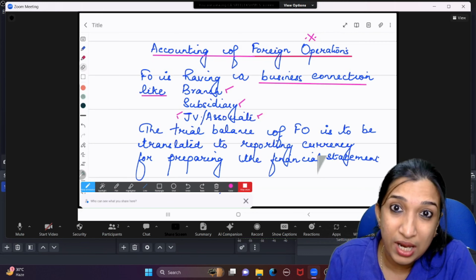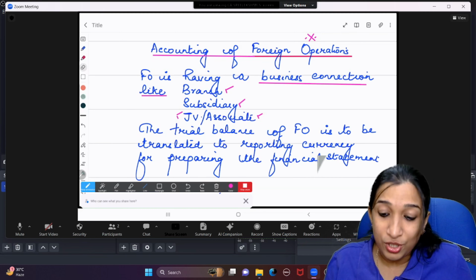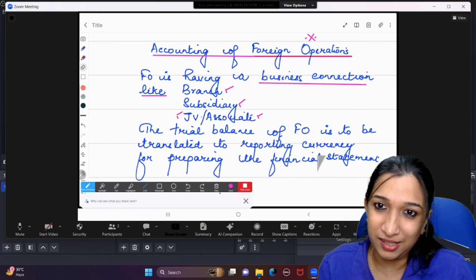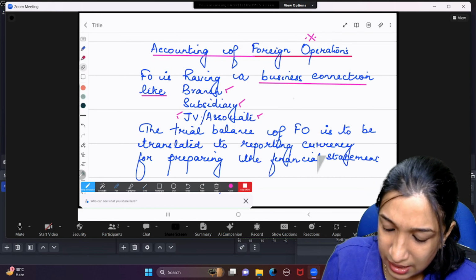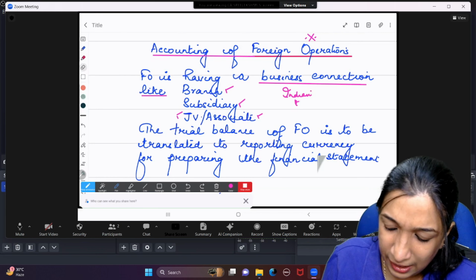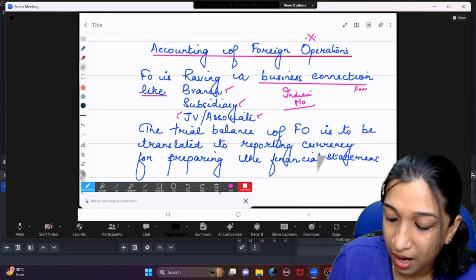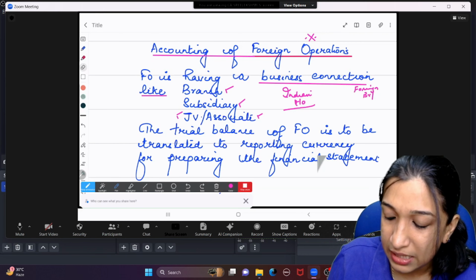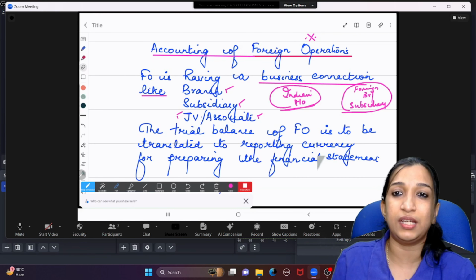It's not just a transaction, you have operation there. Okay. So you have studied foreign branches, right? So what is to be done? So here it is an Indian HO or Indian parent having a foreign branch or foreign subsidiary outside India.